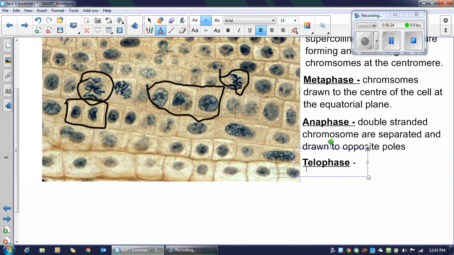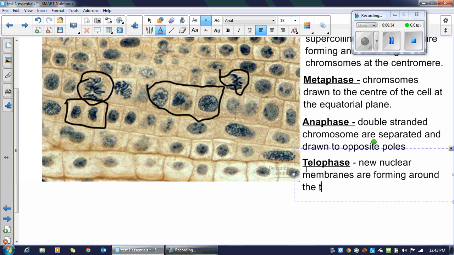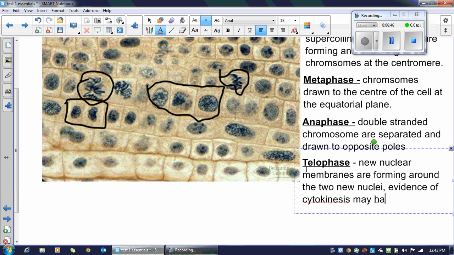Telophase: new nuclear membranes are forming around the two new nuclei. And I'm just going to say that evidence of cytokinesis, that is the separating into two new cells, may have begun. In this case, it has.